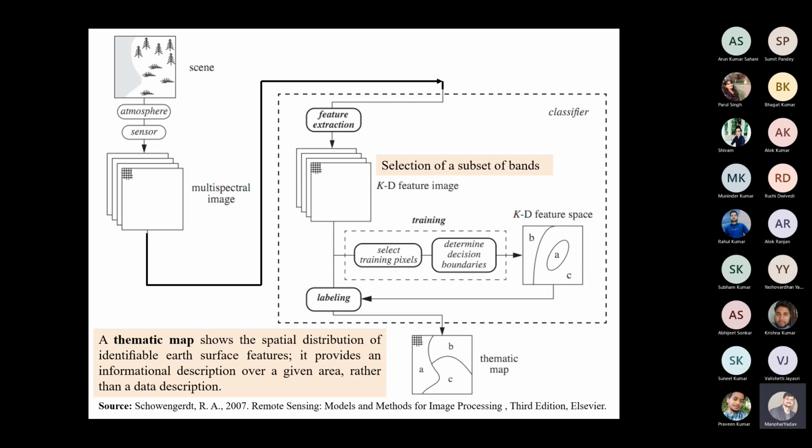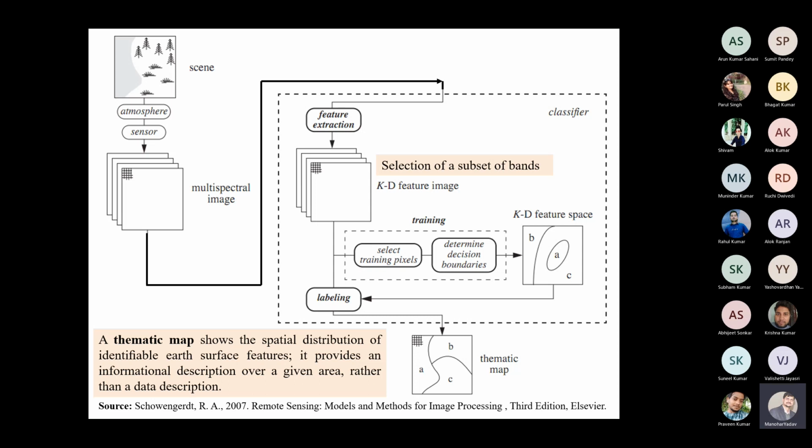So after collecting the training samples, we know that one set of digital numbers represents vegetation, another set represents soil, while the third set represents water.